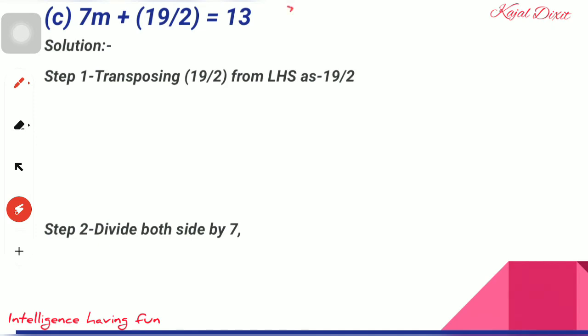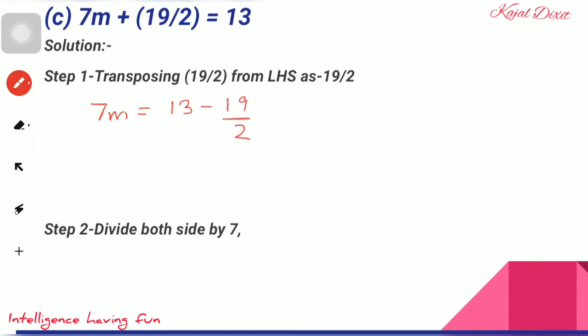The equation this time is 7m plus 19 by 2 is equal to 30. So what we will do here, we will transpose 19 by 2 from the LHS as minus 19 by 2 onto the other side. So the equation will become 7m is equal to 30 minus 19 upon 2.